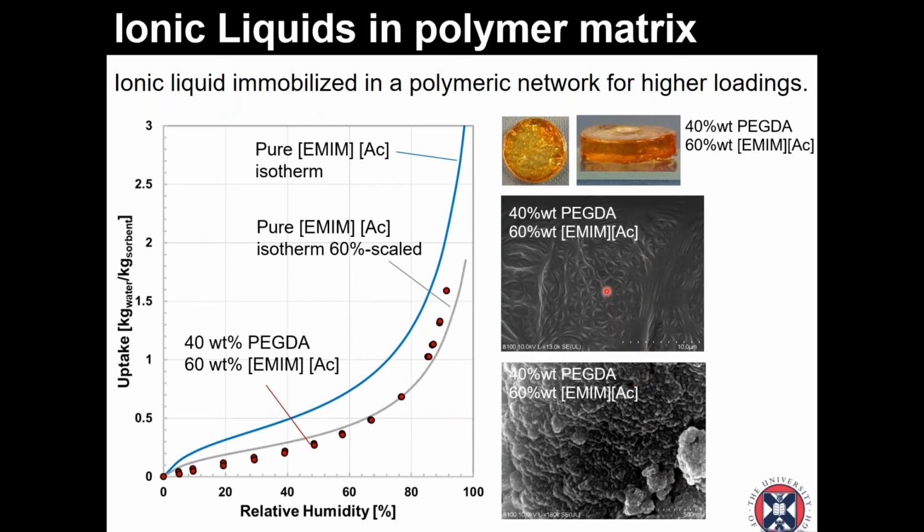So you have some cavities left in the material, and again the material shows some bumps, similar to the previous one that we have seen. You still have a film of ionic liquid trapped in the polymer matrix. And these cavities at high relative humidity promote condensation of water. So that would explain the difference between the 60% curve and the actual data.